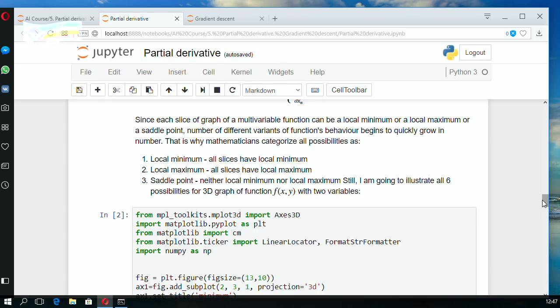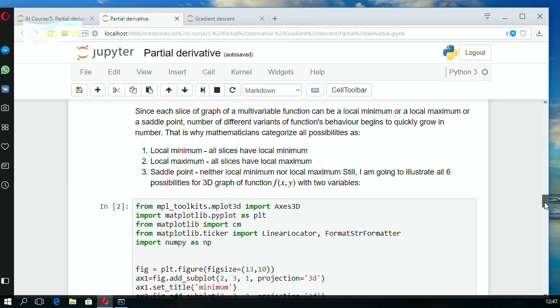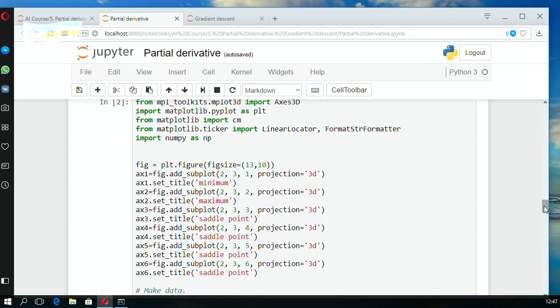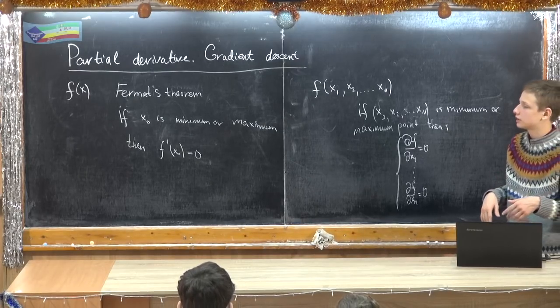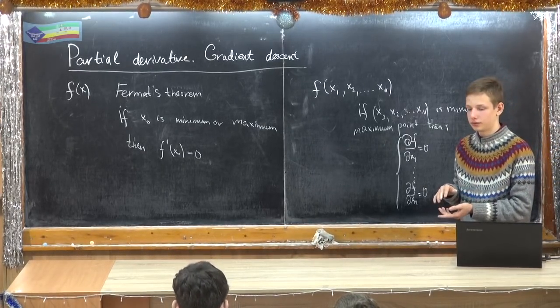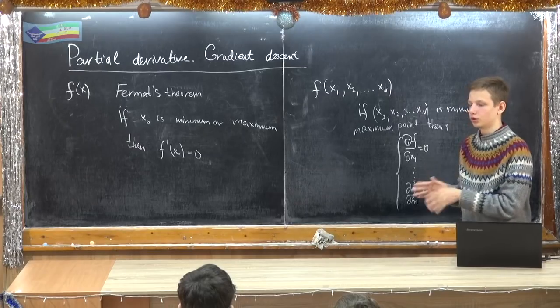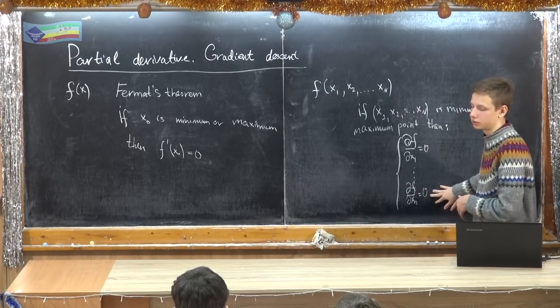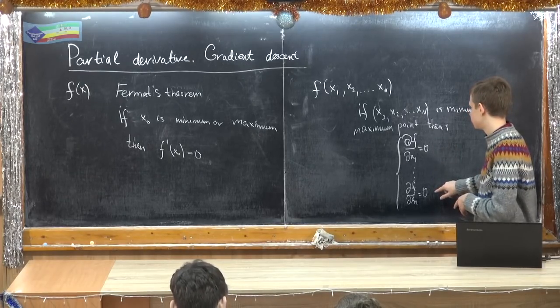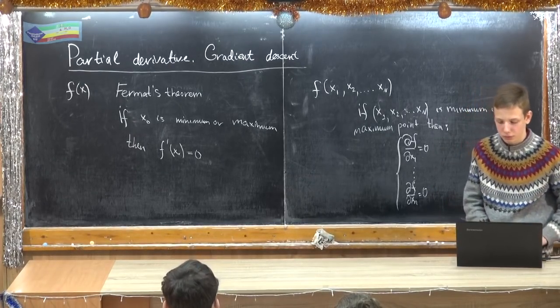And that's why mathematicians just choose to categorize all these points: if all cuts are minimums, then this is a minimum point. If all cuts are maximums, then this is a maximum. And in all other variants, where all derivatives are still equal to 0, it's called a saddle point.